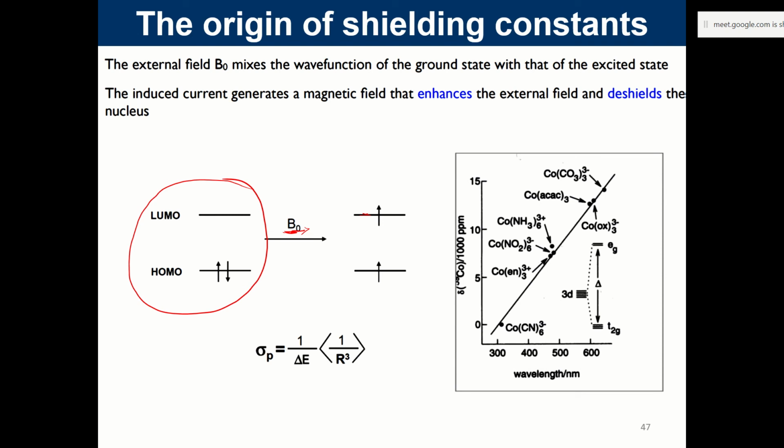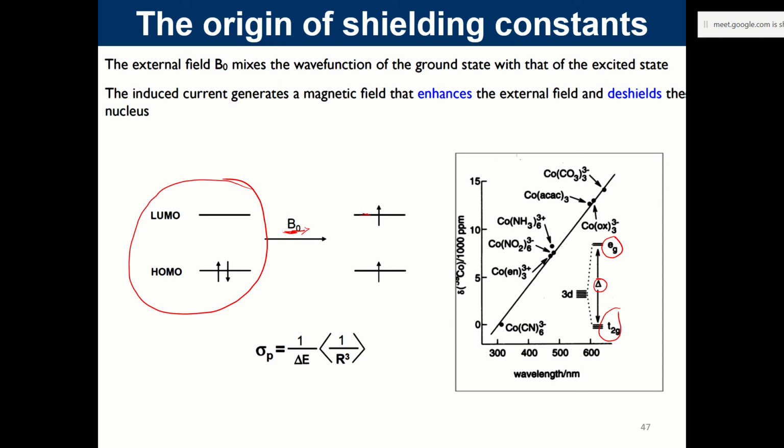So this will have a paramagnetic contribution if the magnetic field is able to do this. And you can also see that very clearly if the Eg and T2g gap, the del value, is small, you will observe this more easily.